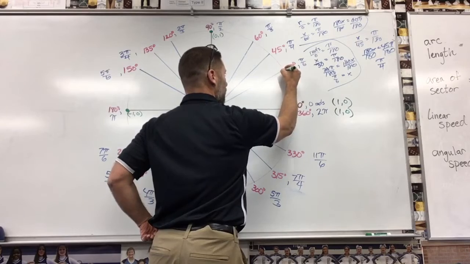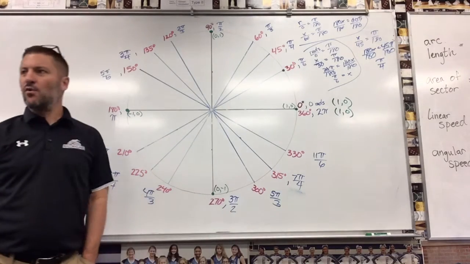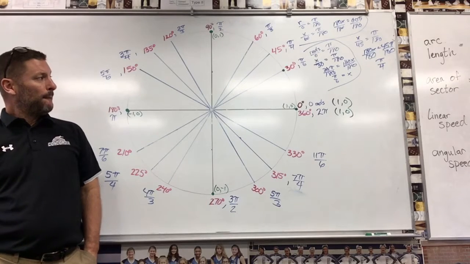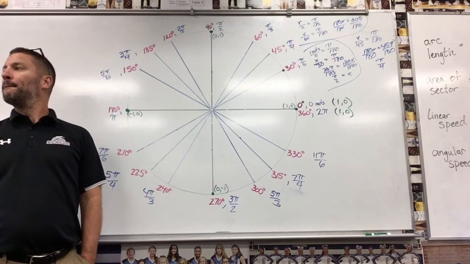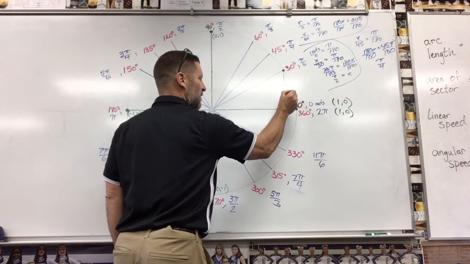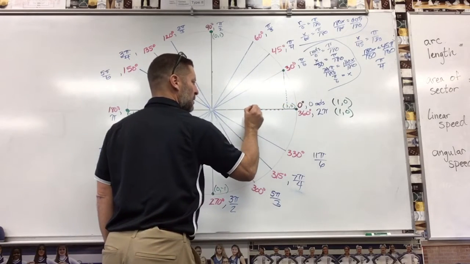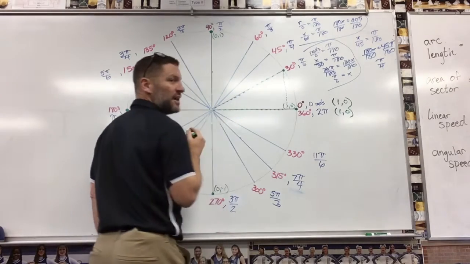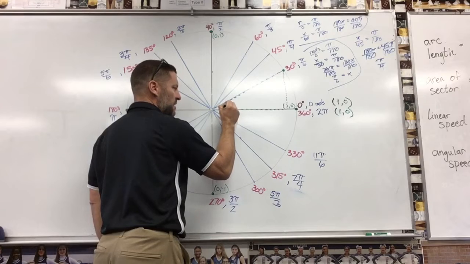Here's the hard one. I'm looking for that ordered pair. Okay? Well, I see a triangle. I see this triangle. And in that triangle, I see this is 30 degrees.